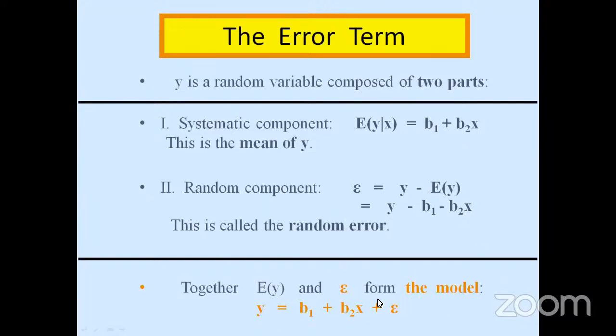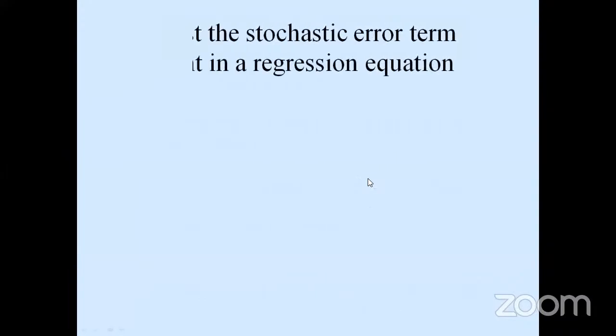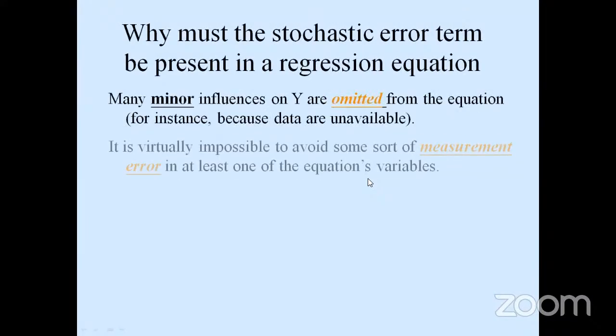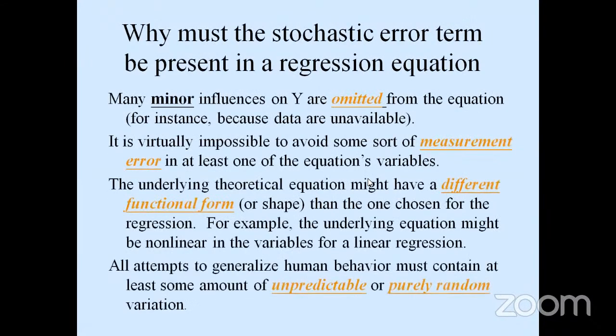Why this error is so important, I have made some observations here. In statistical language, the error term is also called a stochastic error term, which we generally present in regression equations.